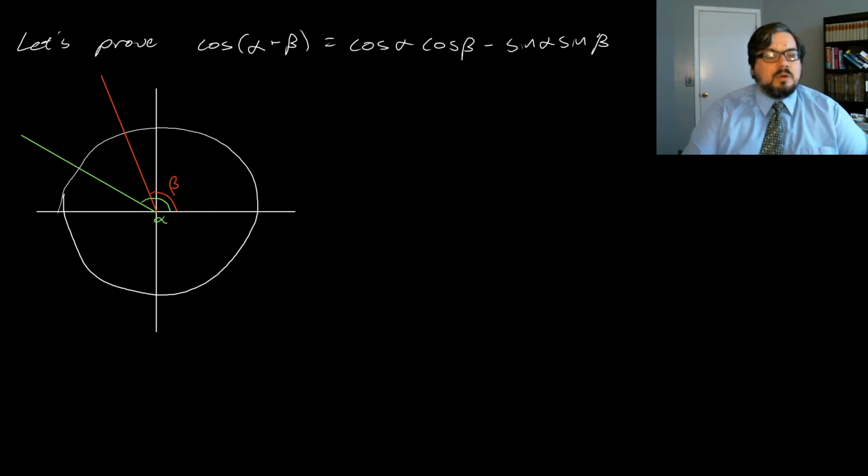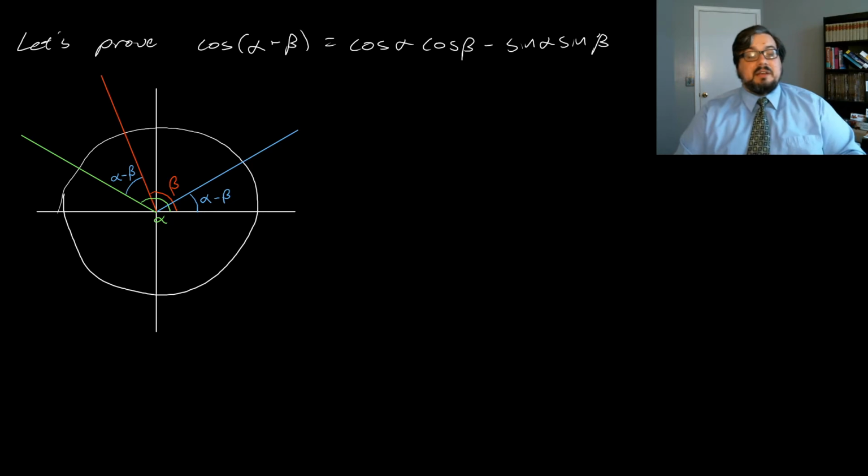And then we're looking for the difference between them, which I'll do in blue. The difference between them would be the angle alpha minus beta. But of course, we can also draw an angle over here with the same measure.